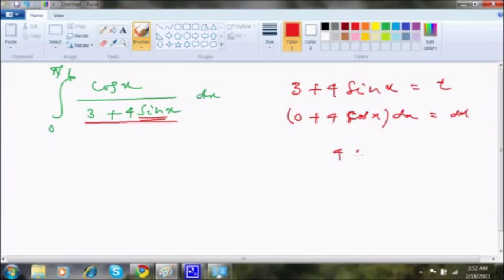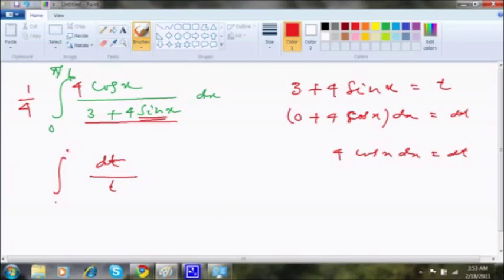So 4 cos x dx is dt, but there is a 4 missing here. Now the question becomes dt by t. Take care of the signs. I'm not giving the answers to this.